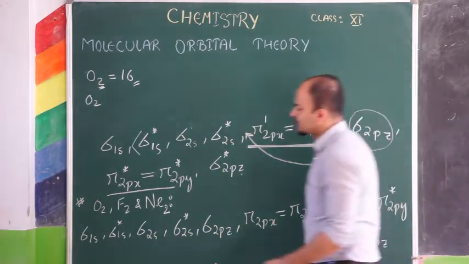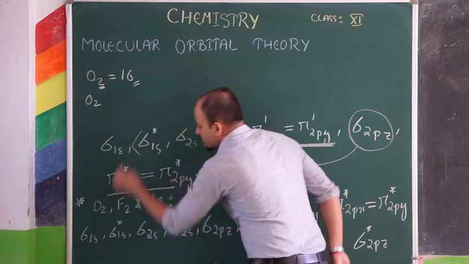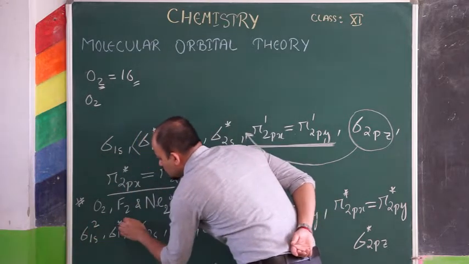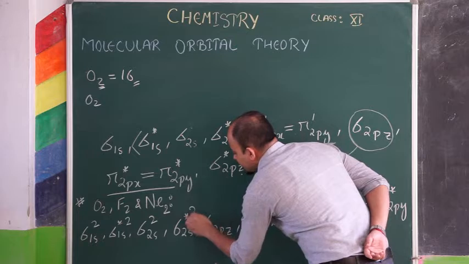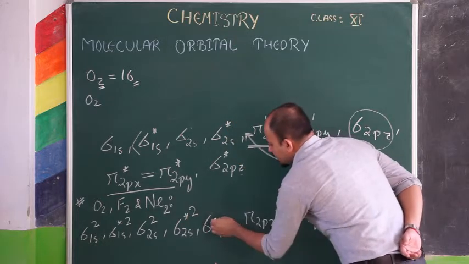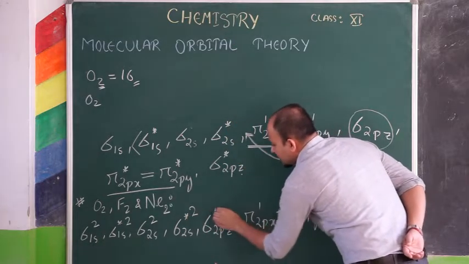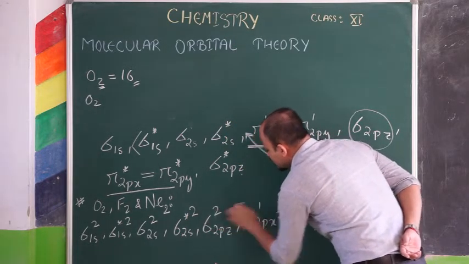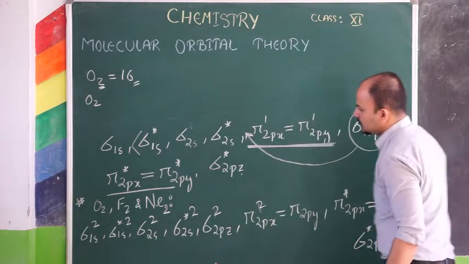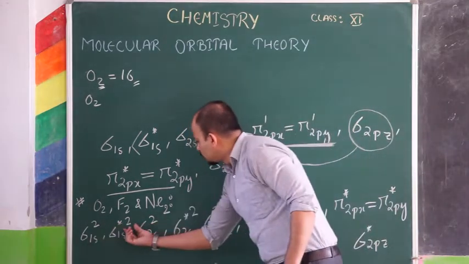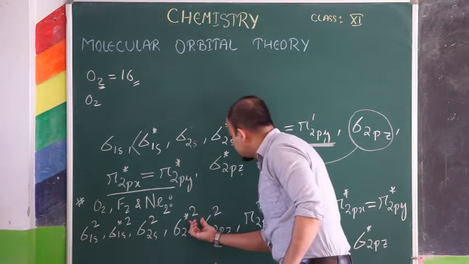Okay, let's remember this. So 16 electrons: 2, 4, 6, 8, 9, 10, 11, 12. Then 2, 4, 6, 8.